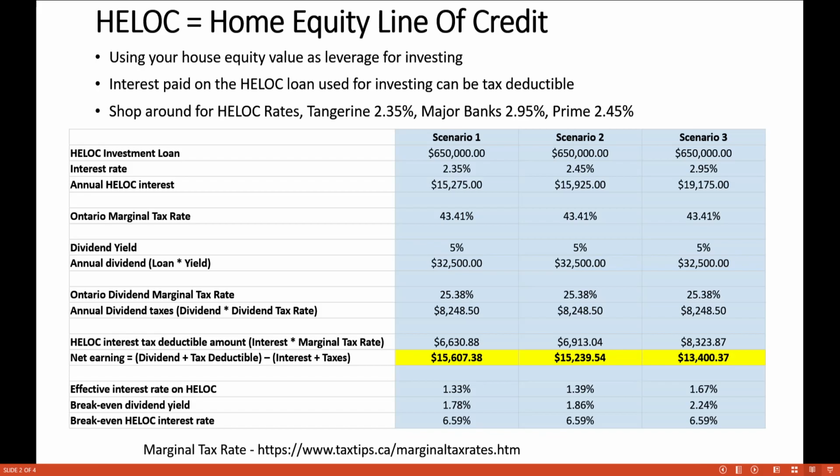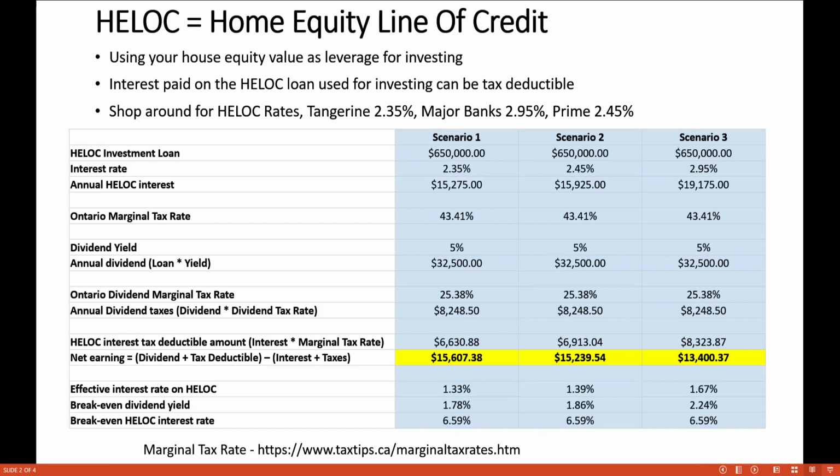Another way of looking at this is your HELOC interest rate has to rise from 2.35% to 6.59% for this break even. So if your dividend yield drops below 1.78% or your HELOC interest rate rises above 6.59%, then it doesn't make sense for the strategy because you'll earn less than what you're bringing in.